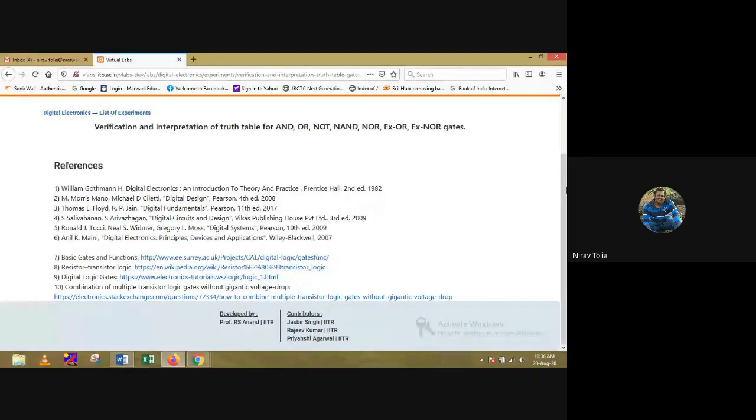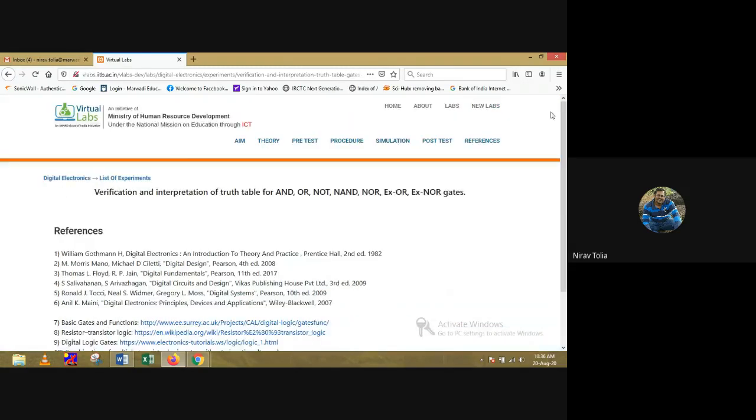You can also visit to see how it works, what the function of the basic gates is, resistor transistor logic, the digital logic gates, and the combination of multiple transistor logic gates without voltage drop, that you can check by yourself. So this is experiment number one, which we are particularly performing in a virtual lab.